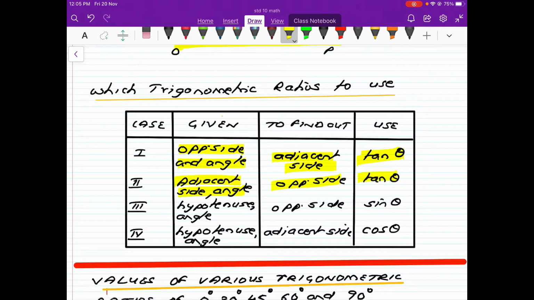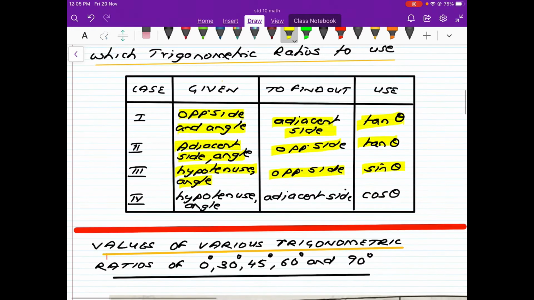When the hypotenuse and the angle are given and you have been asked to find the opposite side, you have to use sin theta. And when the hypotenuse and the angle are given and you have to find the adjacent side, you have to use cos theta.